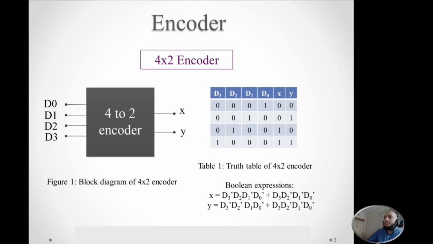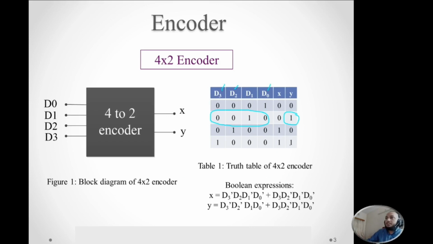I think you can solve y on your own. Y is 1 here, so we need to write the product of inputs here, which is d3 prime, d2 prime, d1 and d0 prime.